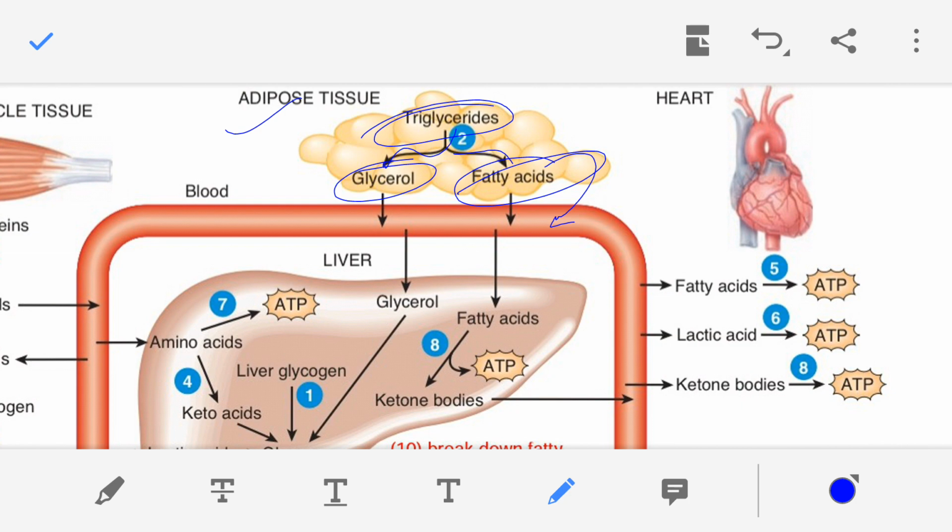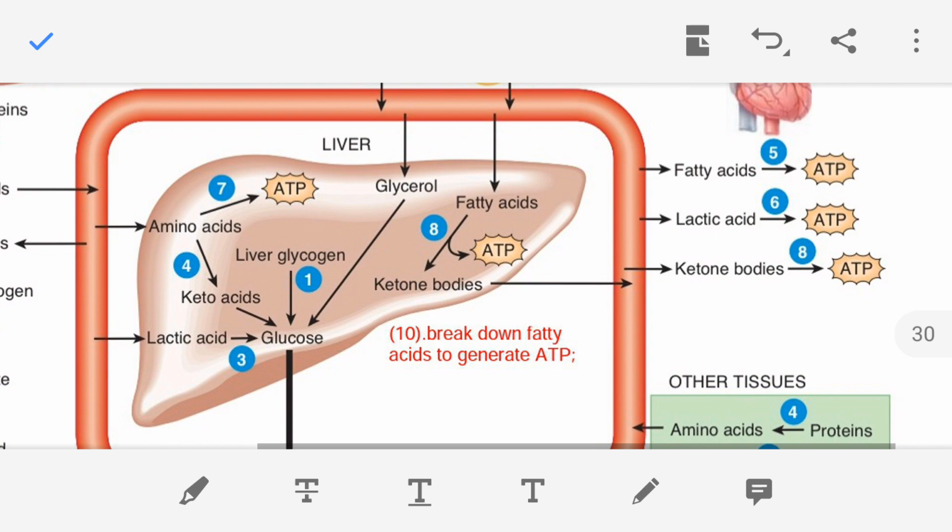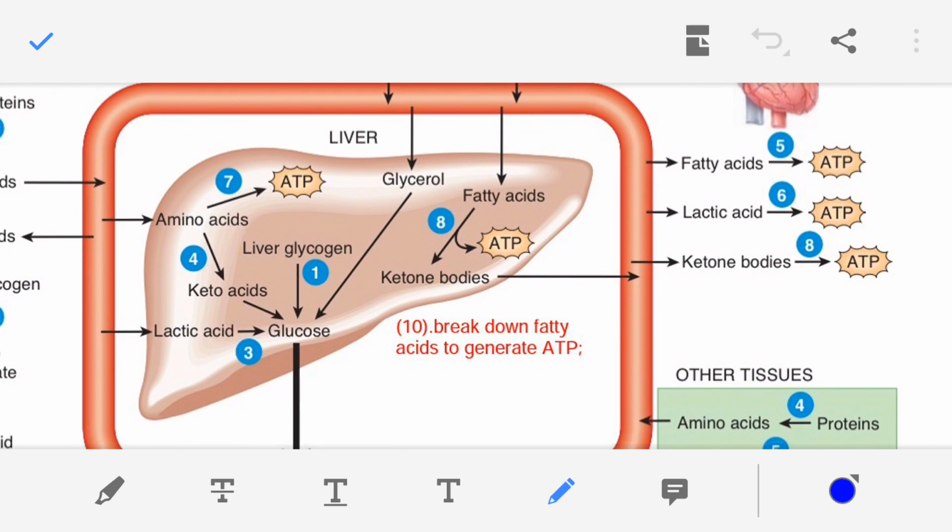From the blood, they enter the liver. Then in the liver, what is happening? Breakdown of fatty acid and generation of ATP is taking place in the liver. So that was the 10th point.